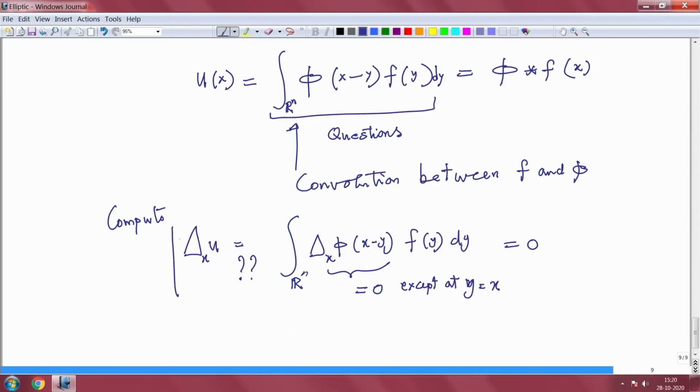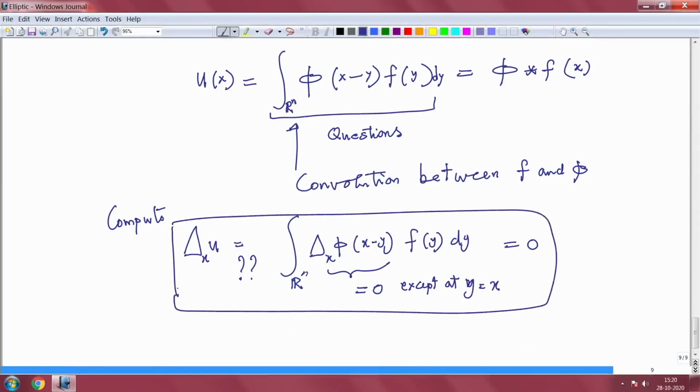So, it looks like we got a solution. What we are doing here seems correct, differentiating inside, and it gives a solution to your Laplace equation in Rn. But unfortunately, you cannot take that differentiation inside, and that is what we will discuss next: when we can take the differentiation under the integral sign. You need something. Okay, let me stop here and we will continue from here.